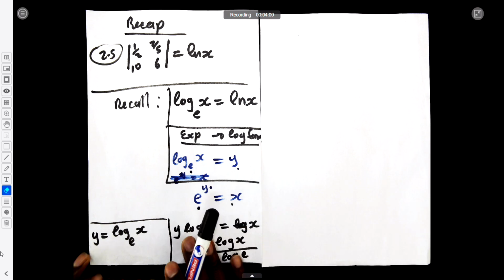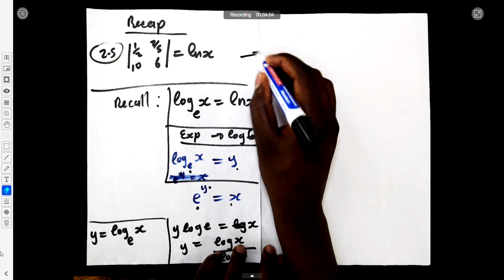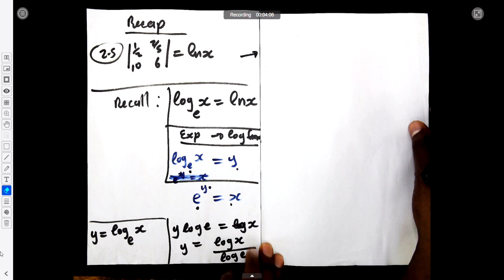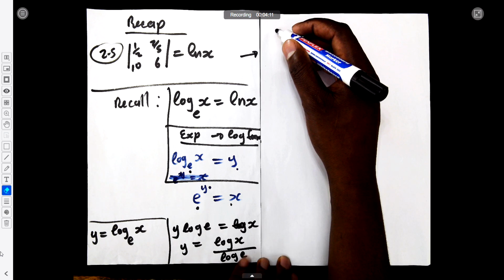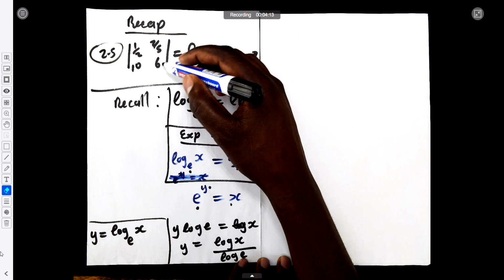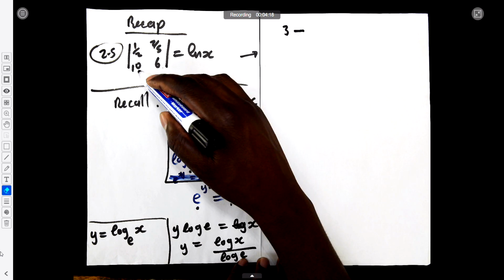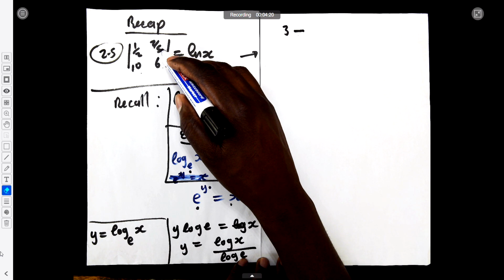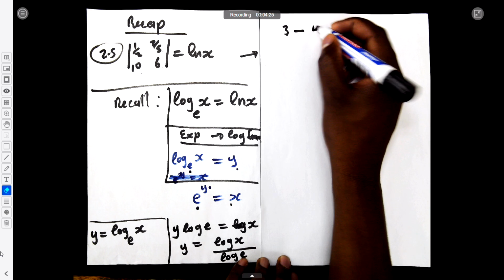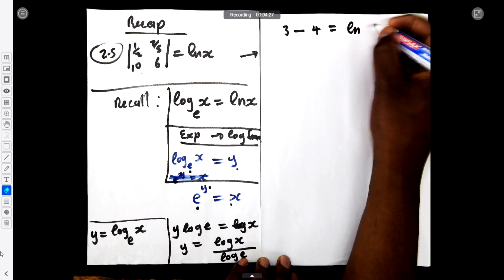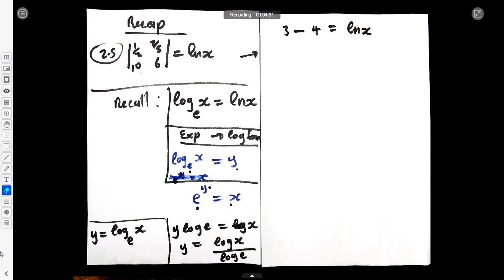But let's get into solving for x. Let's take it to that side. We will apply our evaluation of the second order determinant, where we're going to say one half times 6, which is 3, therefore minus 10 times 2 over 5, which is 4, equals ln x.